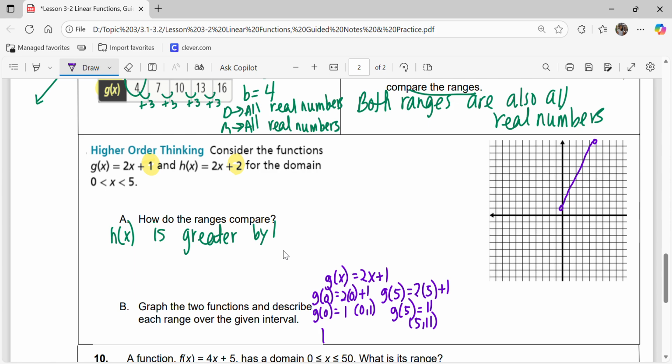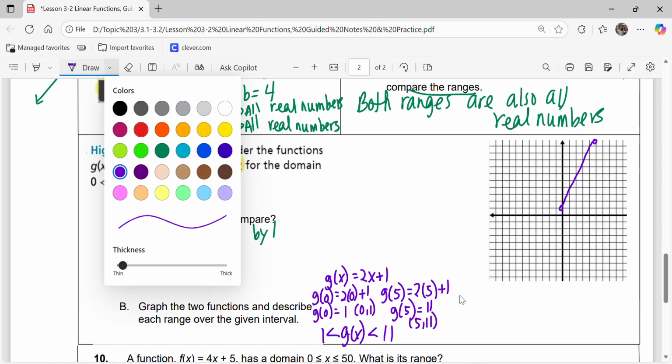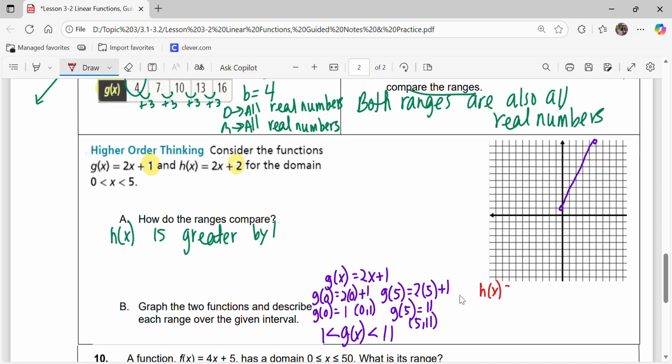So then this range would be 1 is less than g of x, that's my range, less than 11. Well, I know h of x is greater by 1, so that should be 2 to 12, but we can just do the math. 2x plus 2. Again, smallest domain is 0.